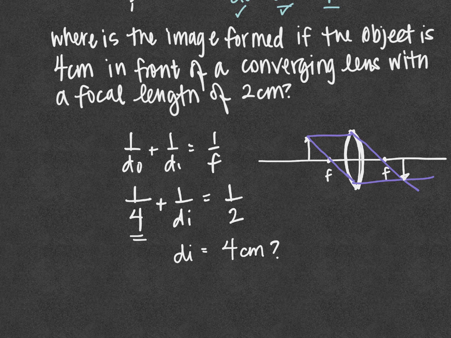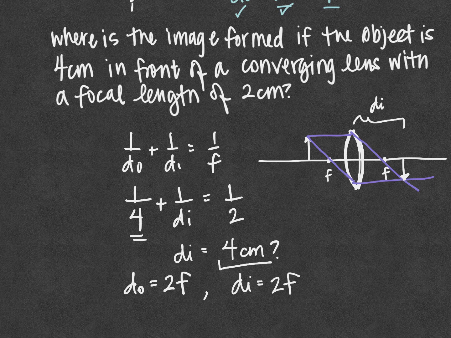And so this is our image distance, this is our di, and because our object was at 2f, then our image is also at 2f, and this positive value for our 4 centimeters location means that the image is real and it's inverted.